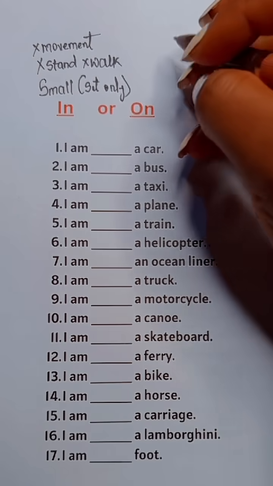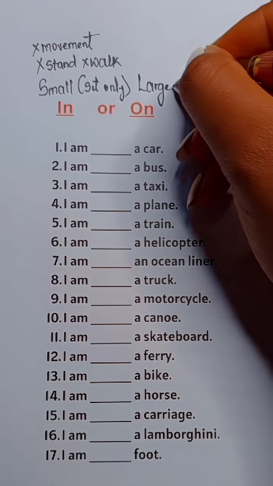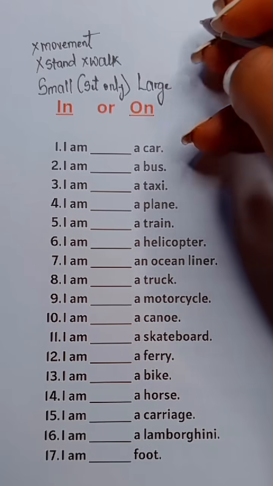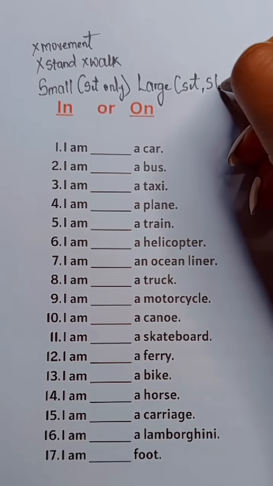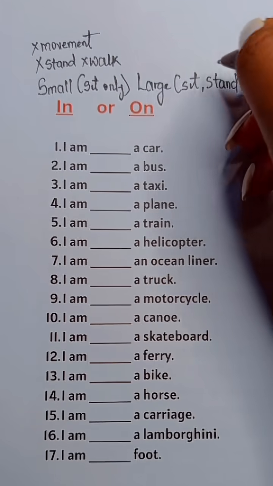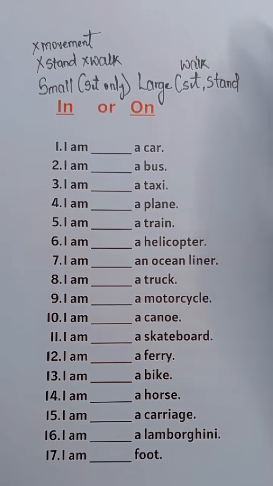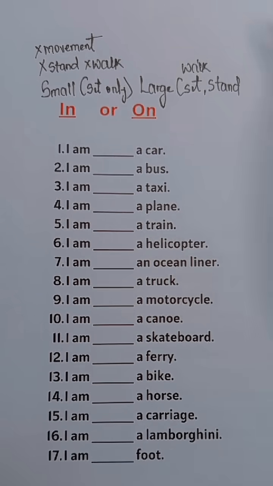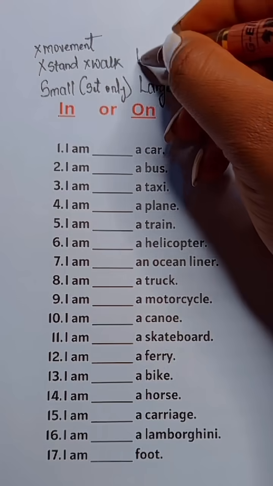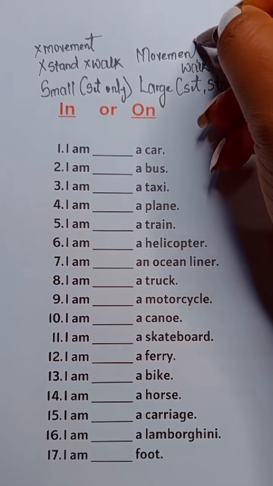On is used for large vehicles, okay, where you can sit, stand, and walk around in. Because these vehicles are so large, there is absolute freedom of movement, okay.